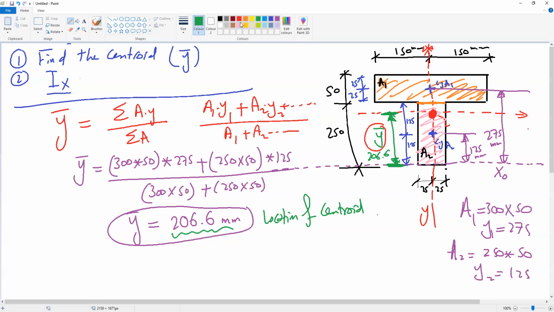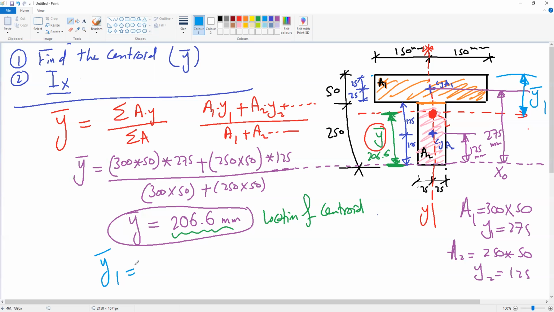In some exams or questions, maybe the examiner asks you to calculate y bar from top. I will call it y bar 1. If I ask you how much y bar 1 is, can you get it? Because if you know the location from bottom, you already know the location from top.